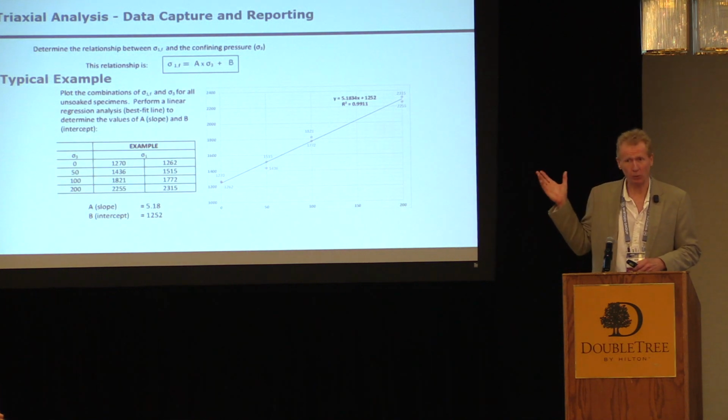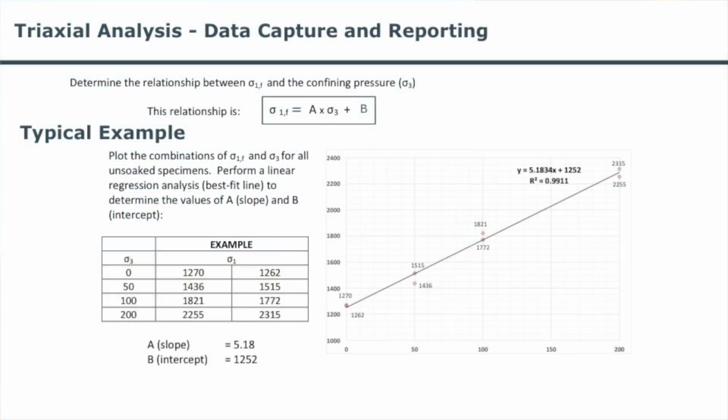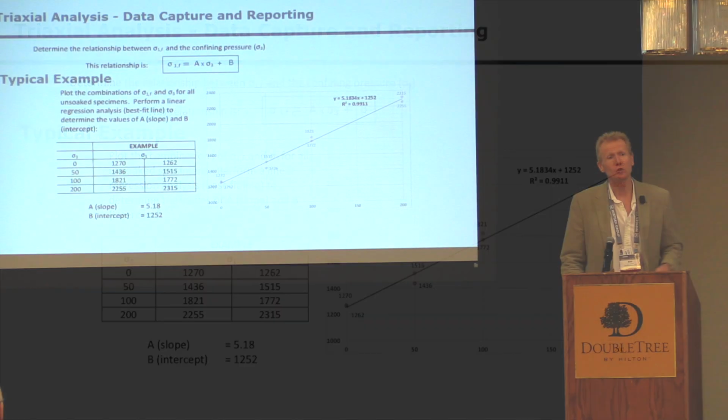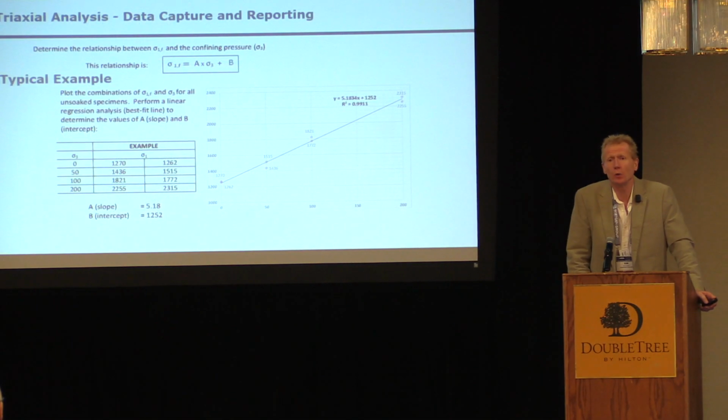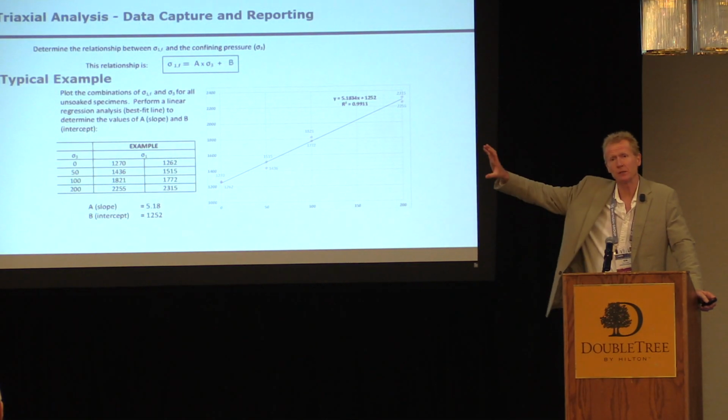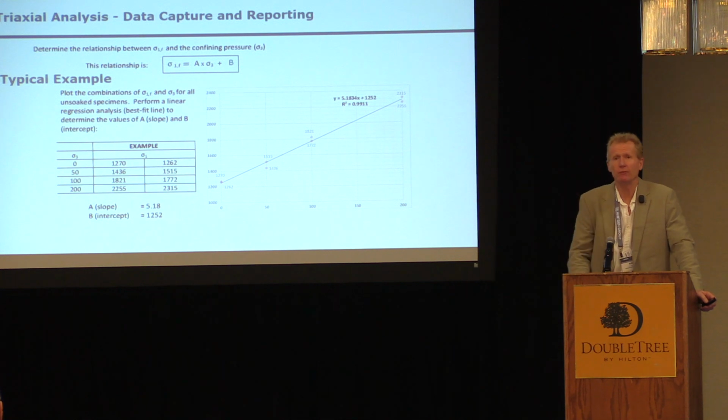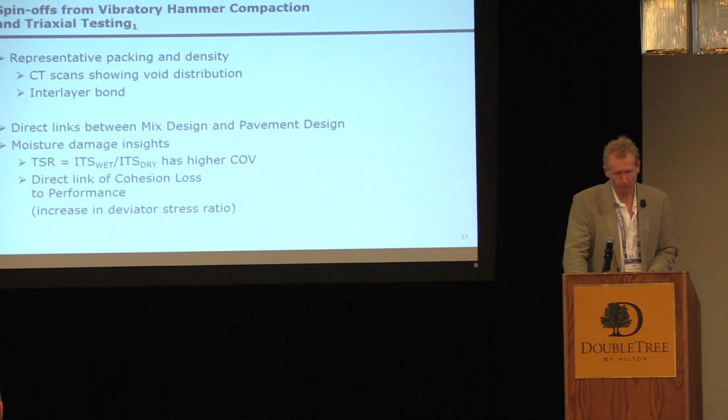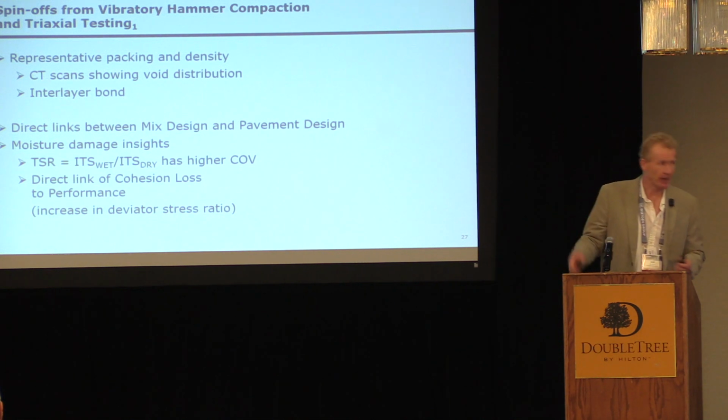This is what a typical plot looks like. And one thing I'd just like to emphasize, these are actual results. It's not unusual to get R-squared values for your 8 specimens that you've tested above 0.9 and typically above 0.94.